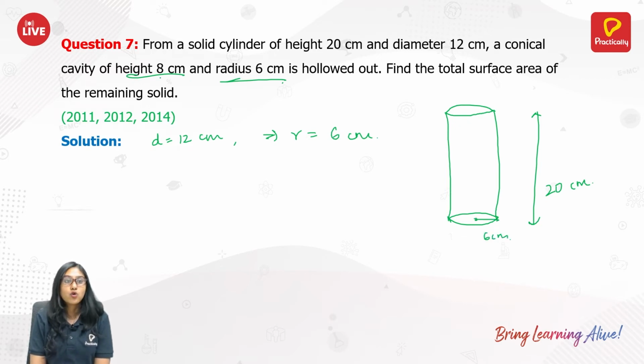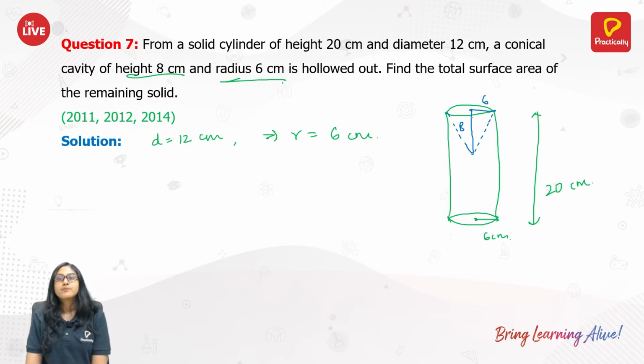Now, a conical cavity of height 8 centimeters. So, let me change the color of the pen. So, I guess this would be around 8, correct? So, this is 8 and radius is 6 only. So, obviously this only.